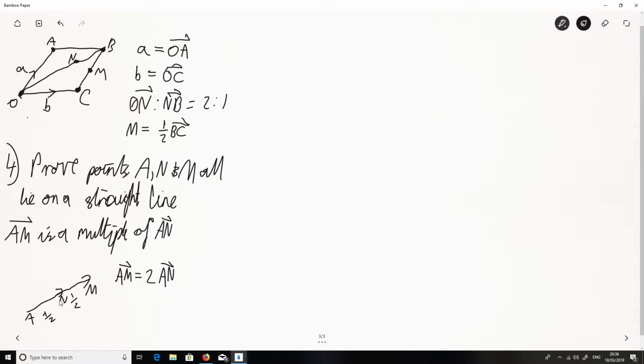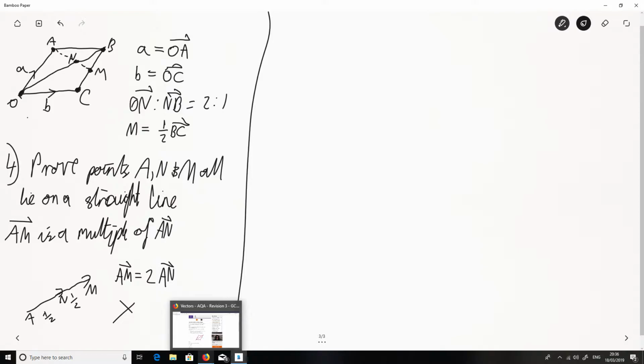So to get from AN to AM, you times AN by 2. So that's what this means, and it's how we show that this is a straight line across here. So now we'll do this with actual numbers, so just remember that this is not the solution.